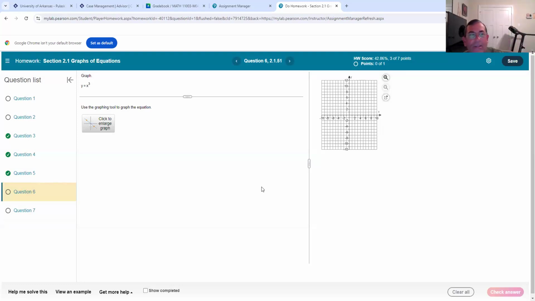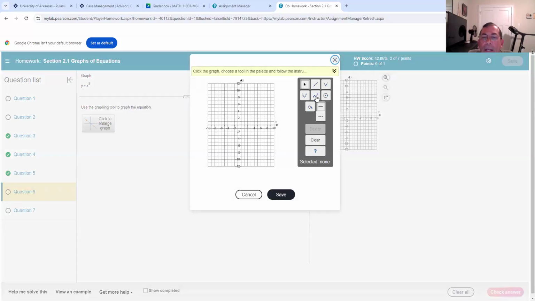All right, so the last of the different types of graphs will be this y equals x to the third. This one is cubic, and let me show you when I pick this one. Y'all see that little squiggly line on the second row?